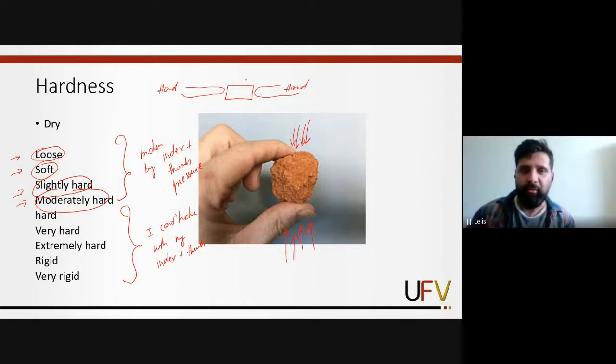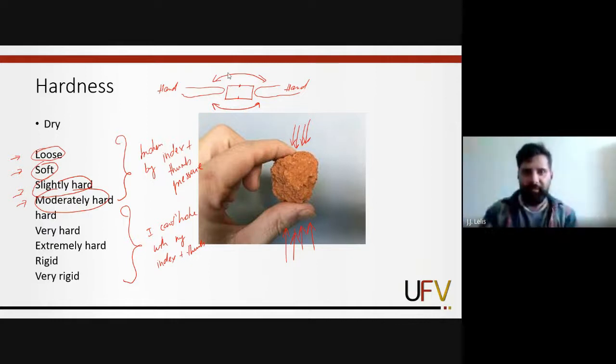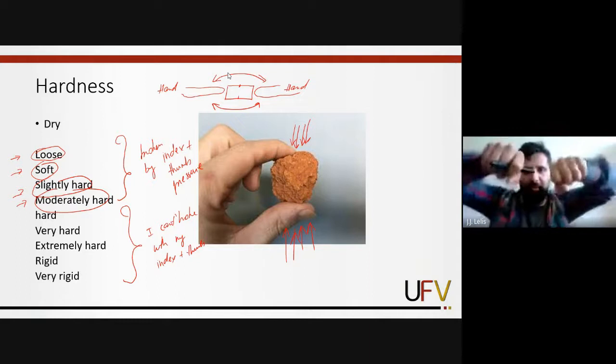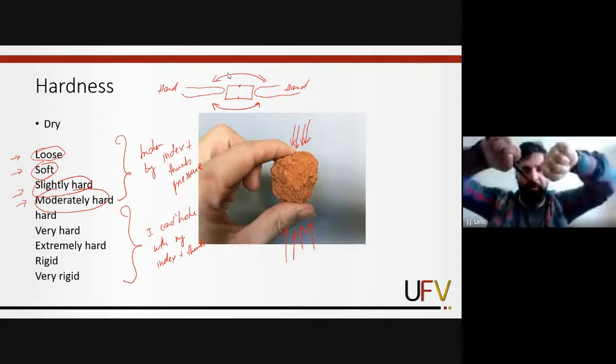And I use just this movement, like I will try to flex my material, putting some pressure, like I'm trying to break this with my two hands at the same time, okay?